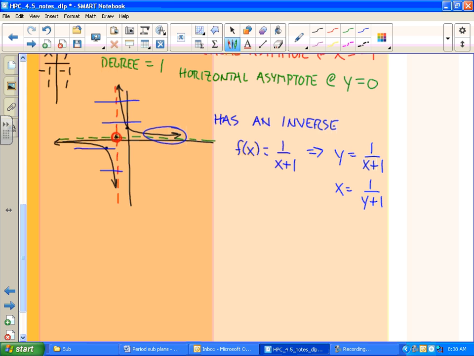Let's multiply both of these sides by y plus 1, y plus 1, and we get x times y plus 1 is now equal to 1. Now we divide out that x, and we get y plus 1 is equal to 1 over x.